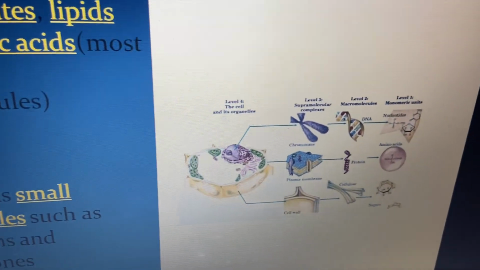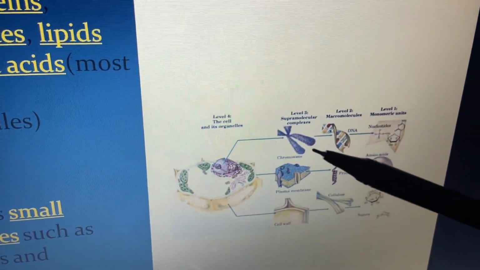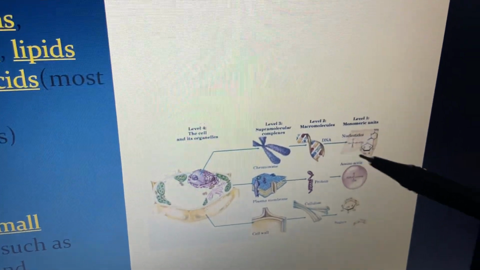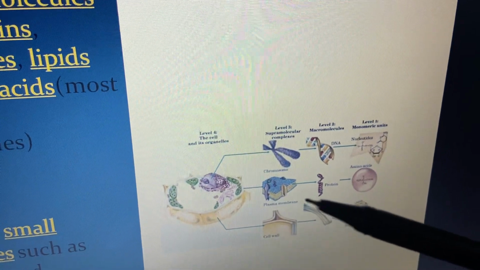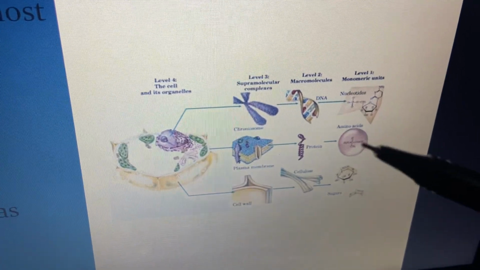If you look at a cell, you can see the nucleus. A chromosome is present, which is composed of DNA, and DNA is composed of nucleotides. Now, the plasma membrane is composed of protein, and protein is composed of amino acids.